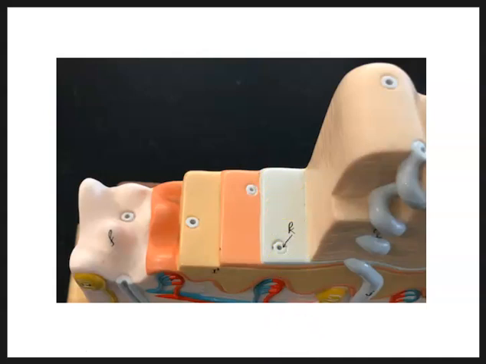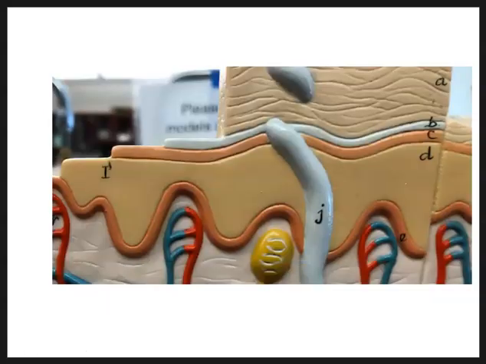This layer will have a glassy-like texture when you look at it in a microscope slide, and that's what lucidum is referring to. My very last layer, and the thickest in thick skin, is the stratum corneum, and that is this layer here.